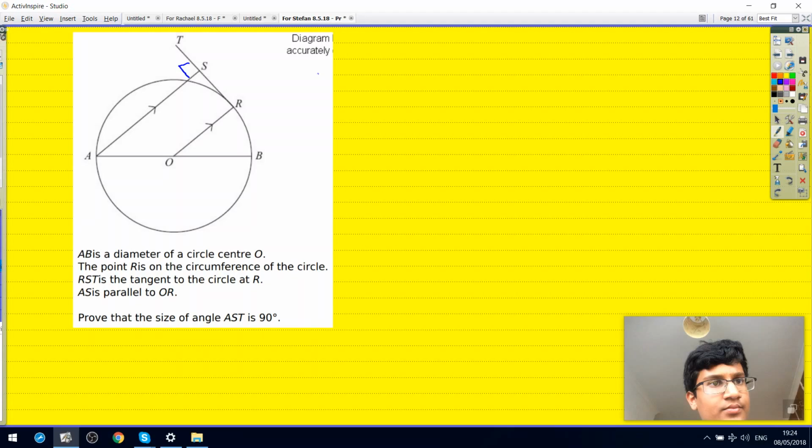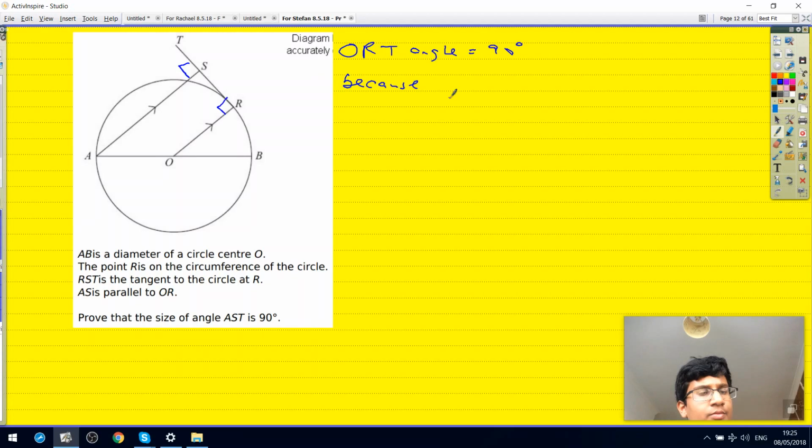And because there are two corresponding angles, we know that the corresponding angle to that would be AST. And how do you know that OR and RT meet at 90 degrees? Because it's a tangent from the.